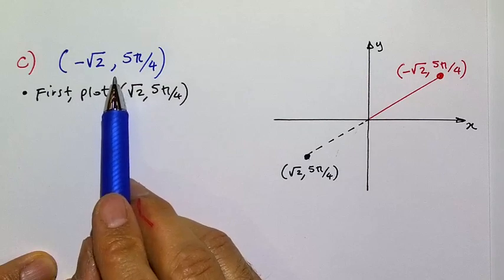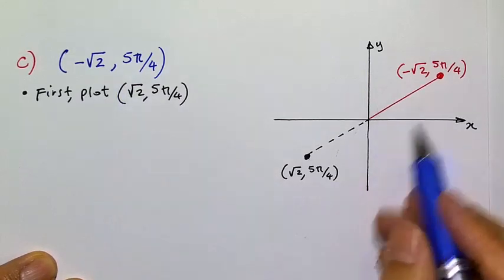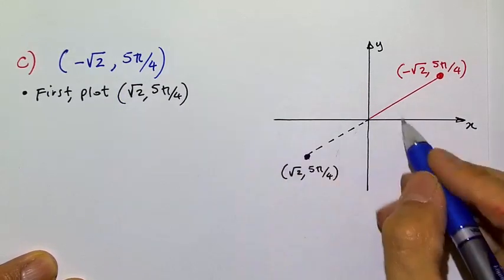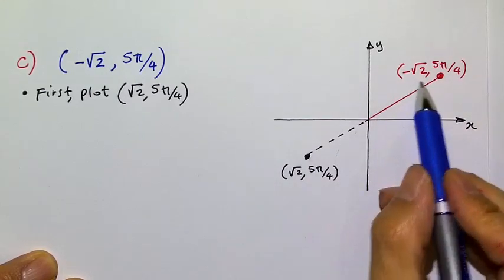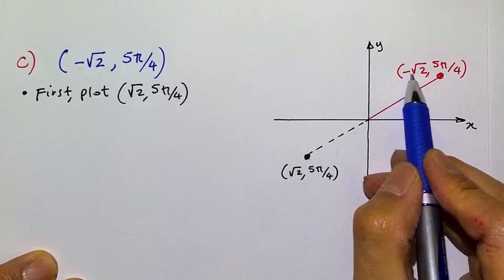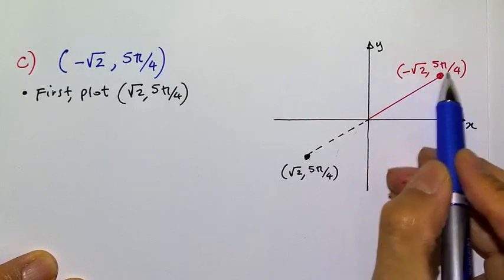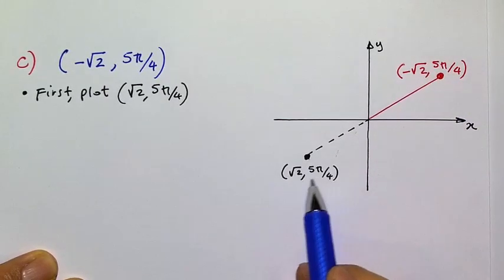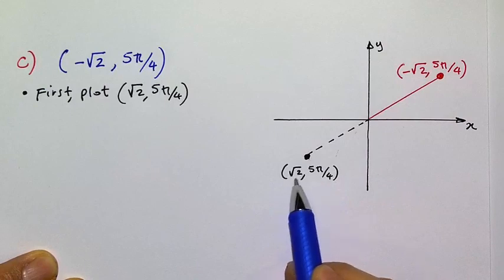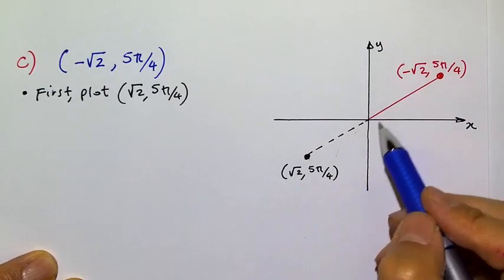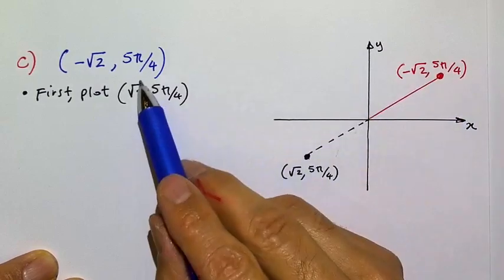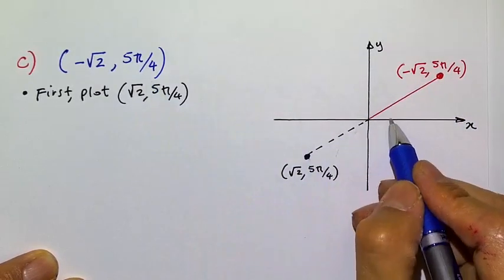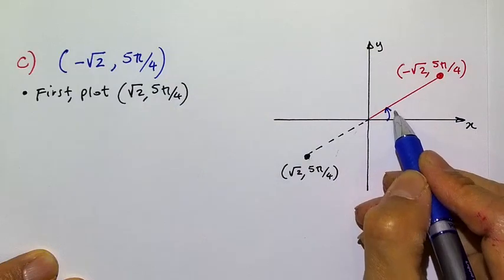I'll just put the theta because it's positive anyway. But with an r negative, this is why I always draw the polar coordinate with the positive r, so I don't get confused when I draw that. But the angle is positive, so I'm just going to put that as theta.